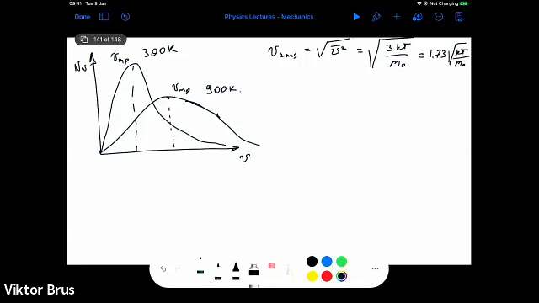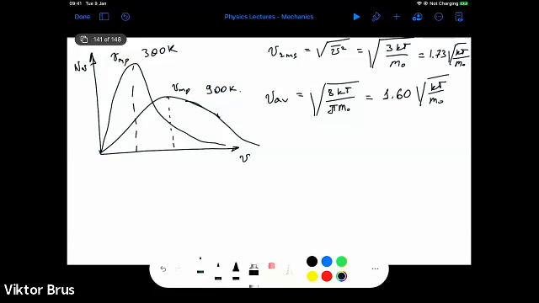Then the second characteristic velocity is the average velocity, and this is equal to the square root of 8kT divided by π m naught, and this is 1.60 square root of kT over m naught. So we see that it's slightly smaller.